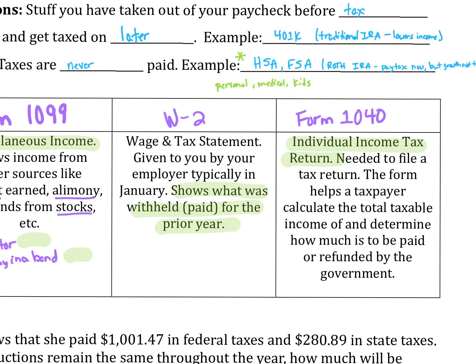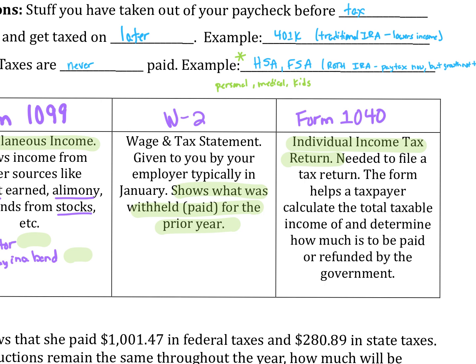That's the form you use to figure out how much you owe in taxes, and then based on how much you owe, do you owe more money, or are you going to get a tax refund because you had more withheld than you should have?